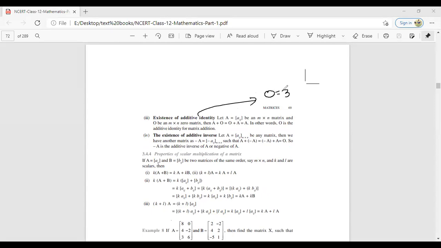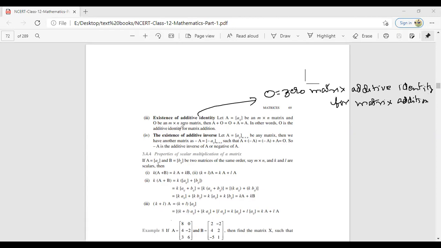The zero matrix is the additive identity matrix for matrix addition. The binary operation is matrix addition.